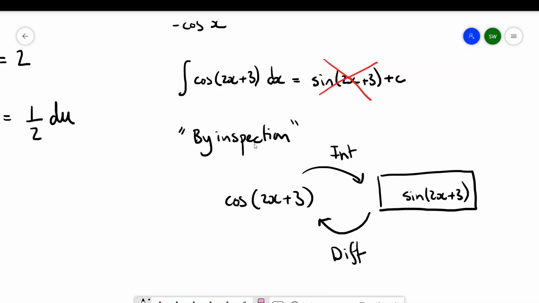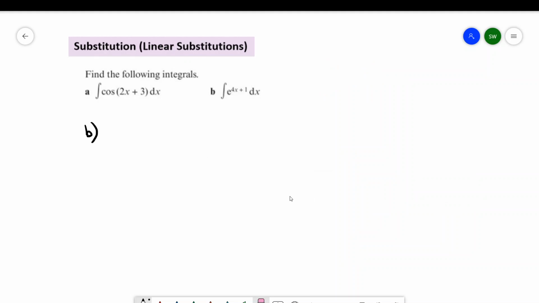The problem is, if you use the chain rule and worked out the derivative of sine of 2x plus 3, you'd actually get 2 cos of 2x plus 3. So we need to put a half here to ensure that we end up back at cos of 2x plus 3.